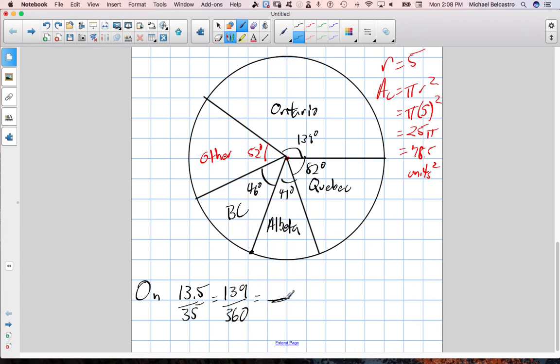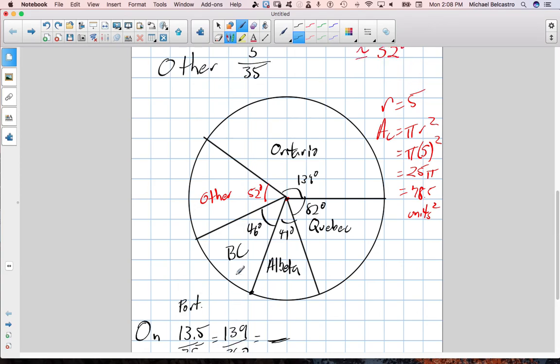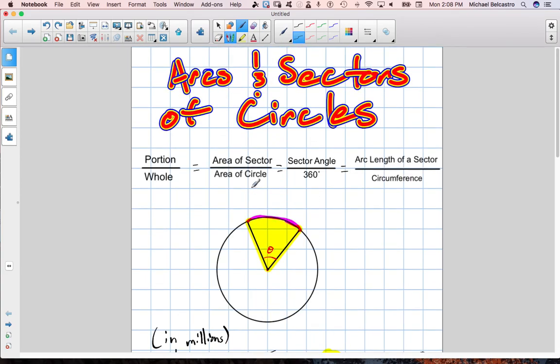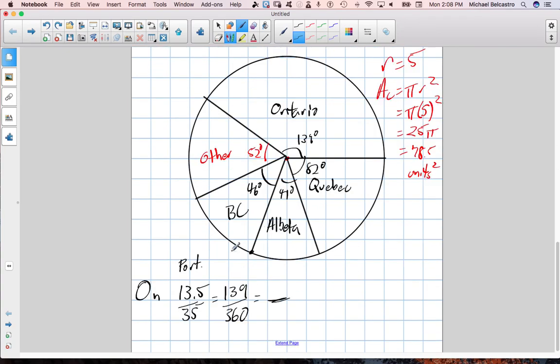All of our area, okay, so remember this was, we'll call this portions. So we know these numbers aren't actually equivalent, but they're equivalent to ratios we're working with. This is our sector angle stuff. So angle information. This is our area information. Our area is always going to be out of 78.5.